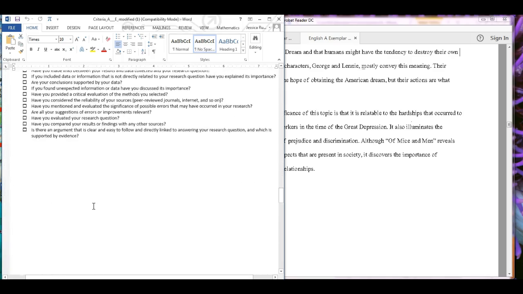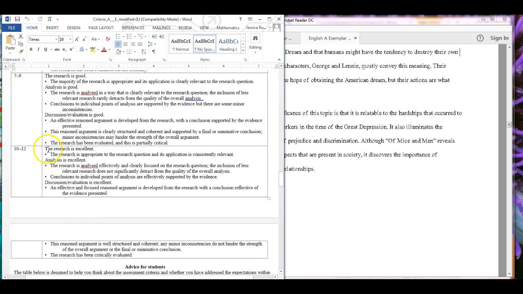Then you go in and you see the research is excellent, the research is appropriate to the research question, and its application is consistently relevant. Analysis is excellent. So this is how you're analyzing the sources that you're using and how you're going to prove your research question.